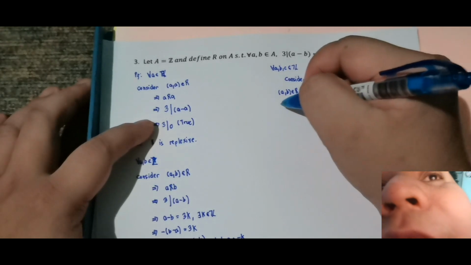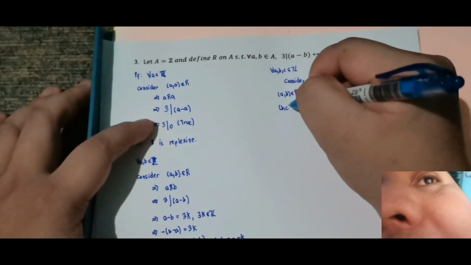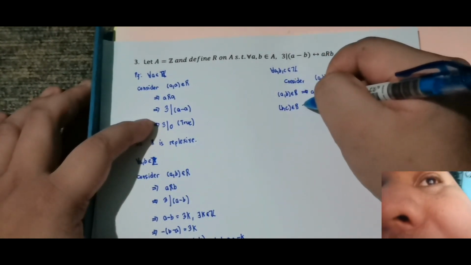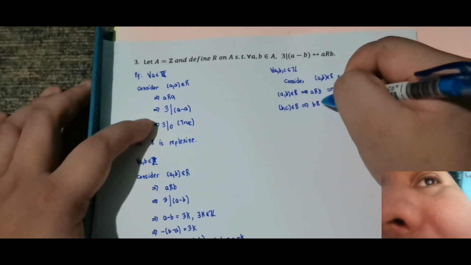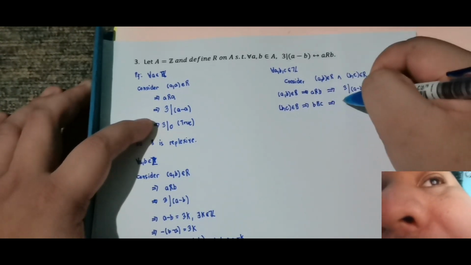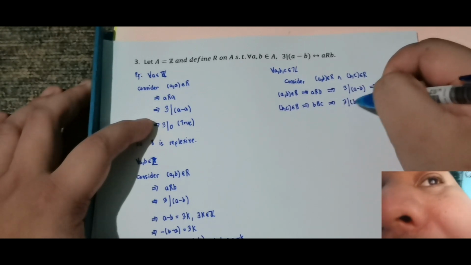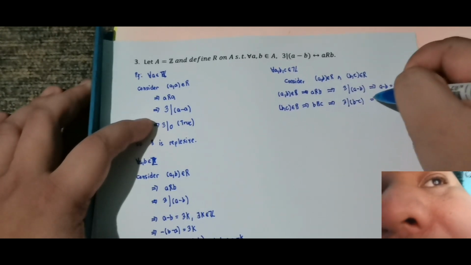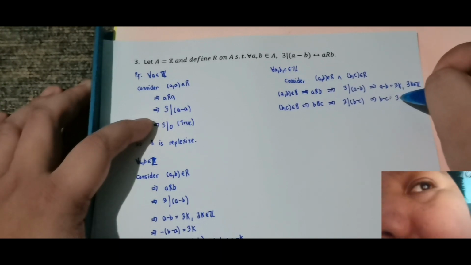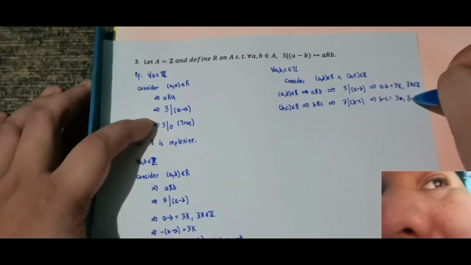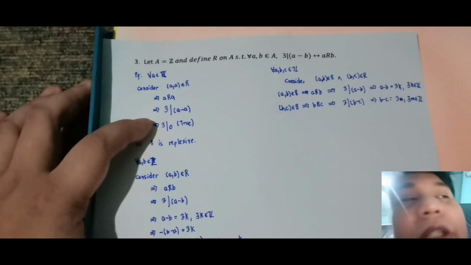Next is B, C. So, B, C element of R, which implies that B is related to C, which implies that 3 divides B minus C, which implies that B minus C is equal to 3M for some M element ng integers.